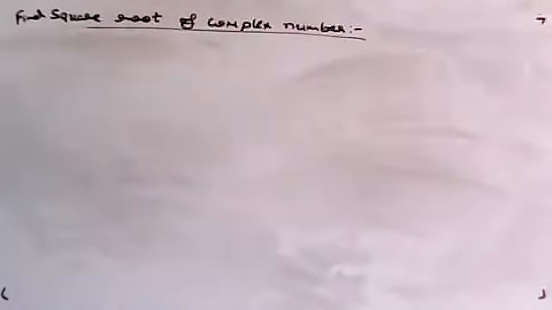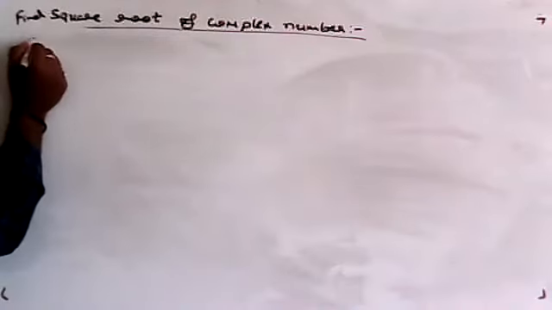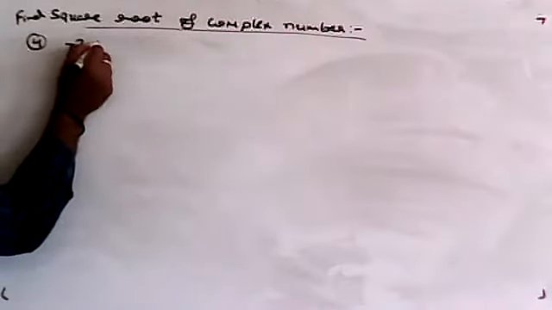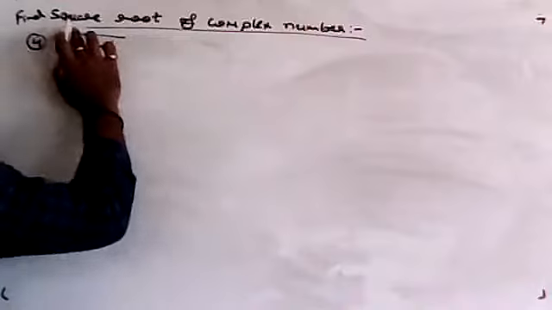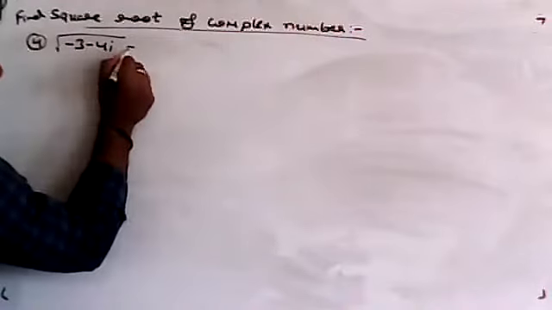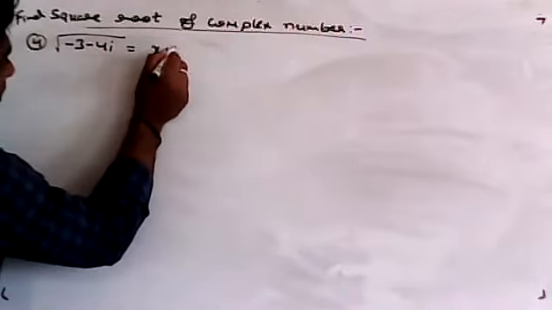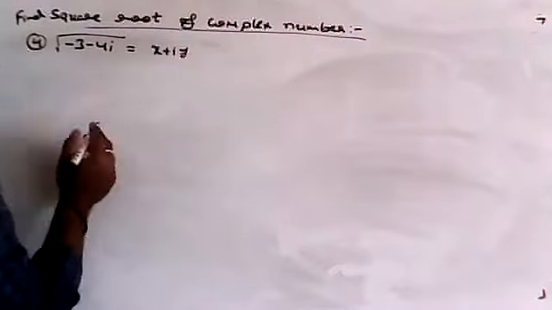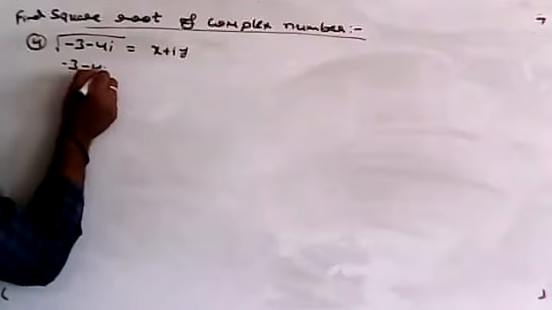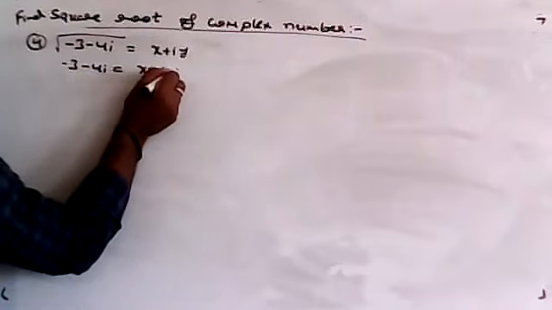The next one, last one from this, finding the square root of minus 3 minus 4i. So the first step is we have to take root for this one because we are finding the square root of a complex number. So that equals x plus iy. Minus 3 minus 4i is equal to x plus iy the whole square.